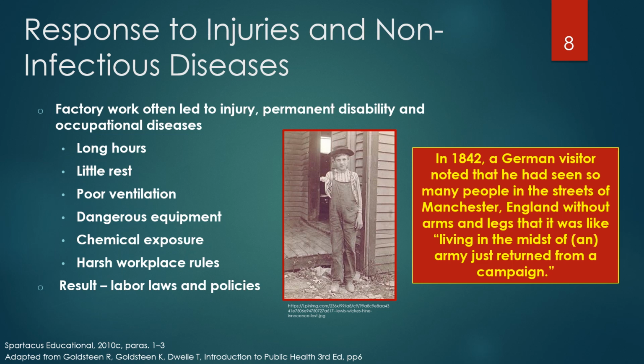The public demanded investigations of factory working conditions, including child labor abuses, which resulted in legislative action, labor laws, and policies to address these issues. This public pressure on politicians is an example of grassroots advocacy and activism.